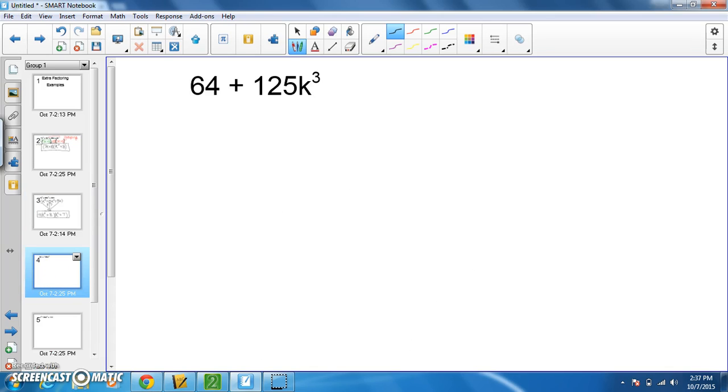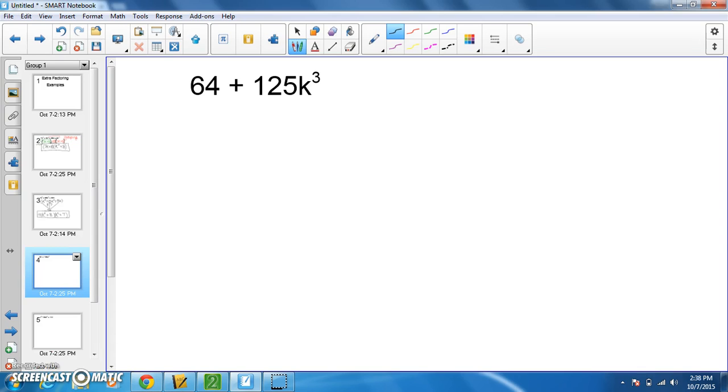Now we have 64 plus 125k cubed. And this is where our fun begins. So, we have to think about our identities because 1, we don't have a greatest common factor. 2, we can't use the quadratic method. So now I'm going down my list of identities. And since I have k raised to the third power, I'm going to think about my cubes.